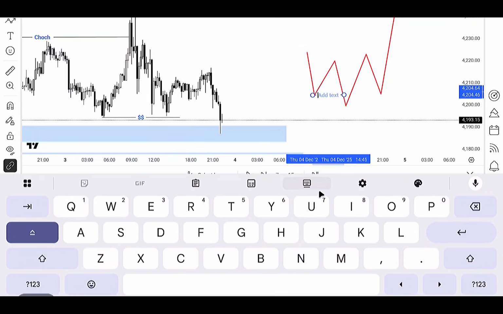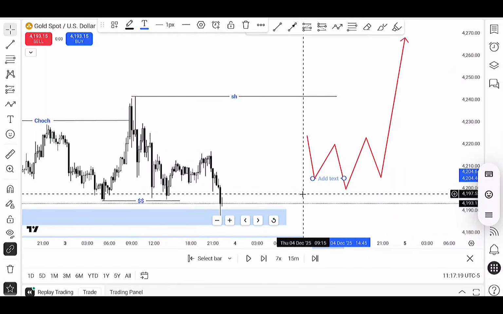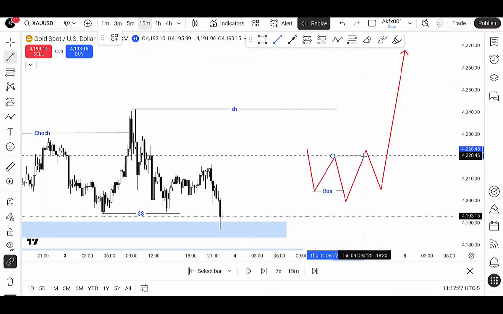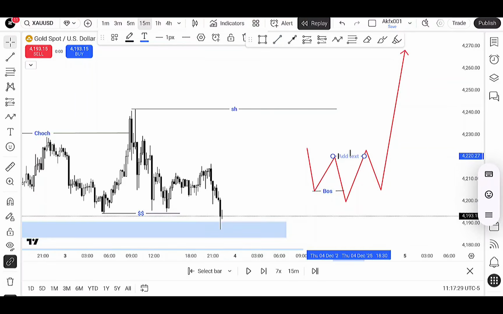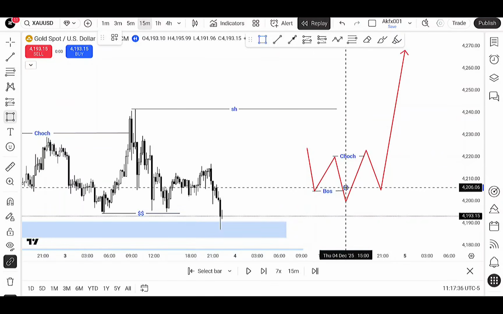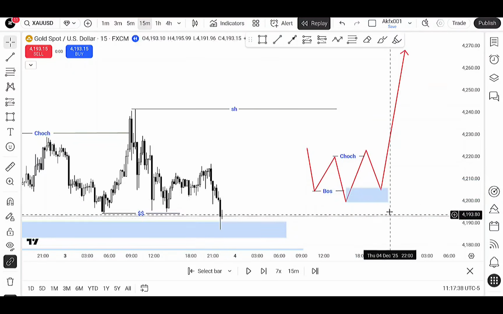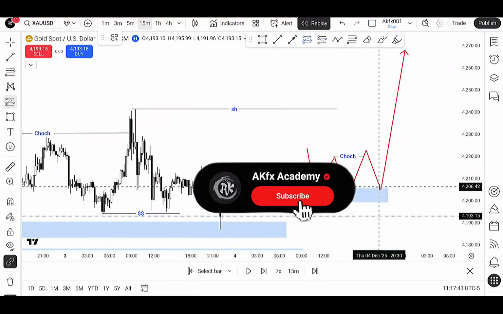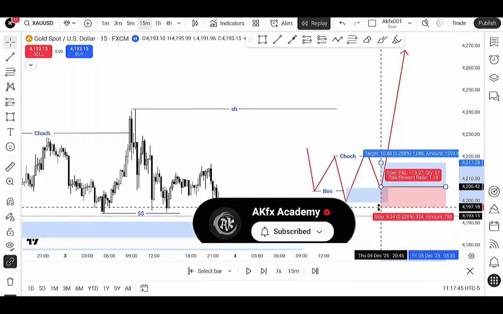After that break of structure, the next thing we want to see is a change of character. After the change of character, we look for our entry from a certain level of support and then ride the market to the upside so we can get more risk to reward ratio.